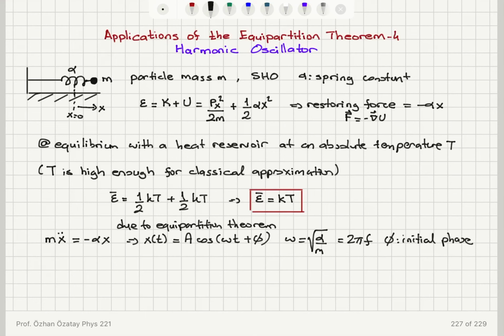So we have 1 over 2 kT plus 1 over 2 kT. Therefore, the mean energy of this particle will be kT, provided that, this is important, the temperature is high enough for classical approximation. Otherwise, we would have to use quantum mechanical treatment of the simple harmonic oscillator.